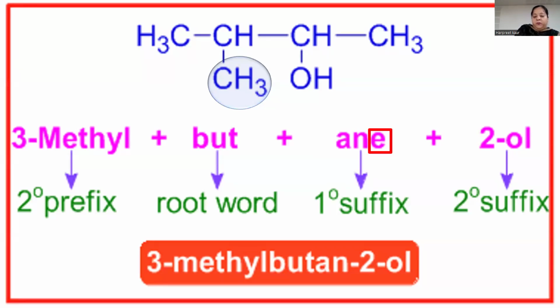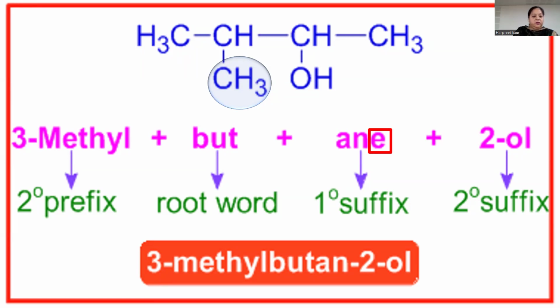That methyl group is neither counted in the parent chain in the root word nor in the secondary suffix, that is in the functional group. So this will go in the prefix as a substituent. As it is one carbon atom from meth, it is written as methyl. So root word is but, primary suffix is ane, secondary suffix is ol, prefix is methyl. There is no infix because it is an open chain compound.